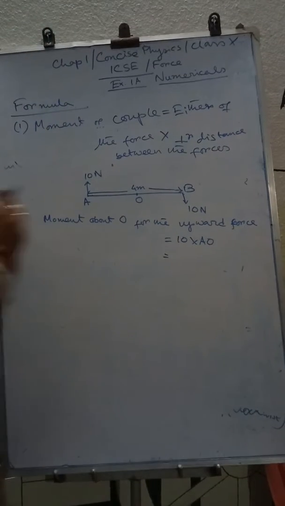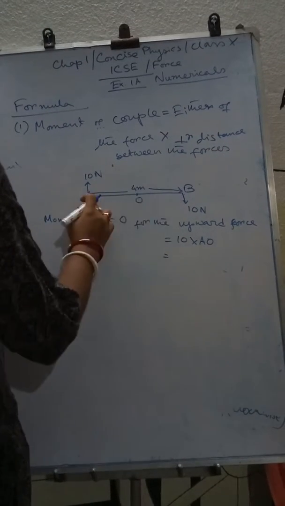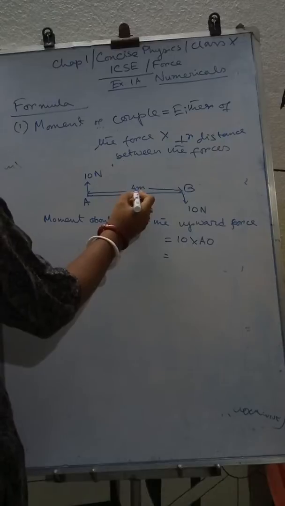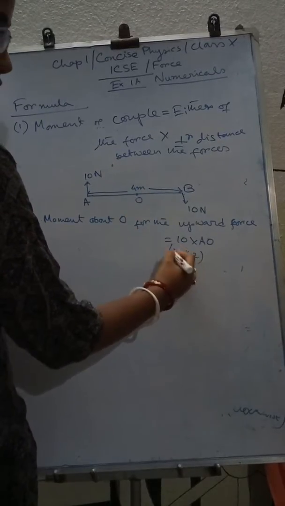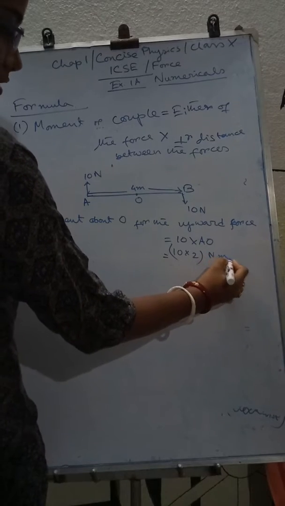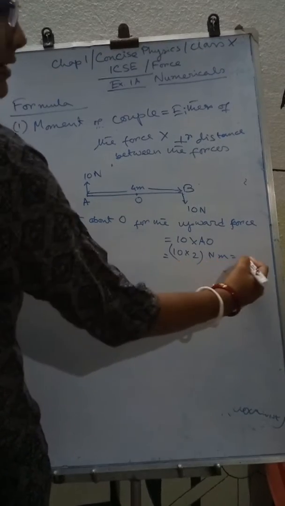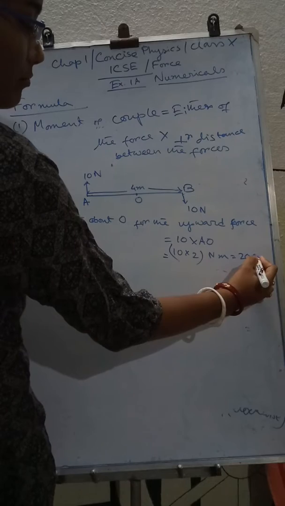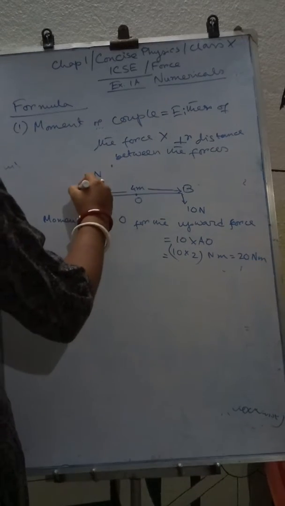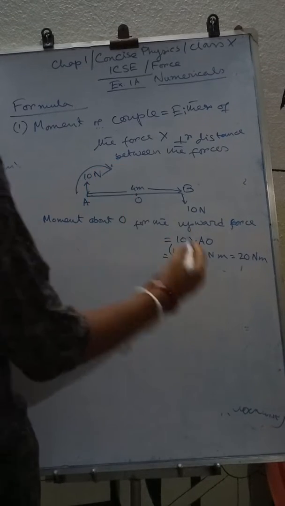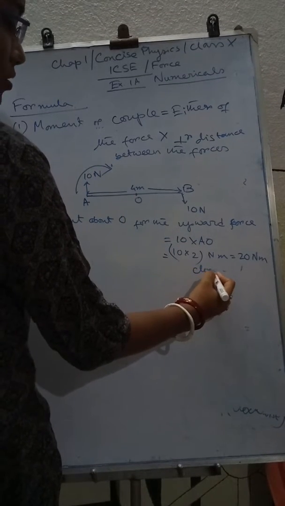As we know, O is the midpoint of the rod AB and the length of the rod AB is 4 meter. Therefore, definitely AO will be 2 meter. So, the required moment will be 10 into 2 Newton meter, that is 20 Newton meter. And the direction will be clockwise.